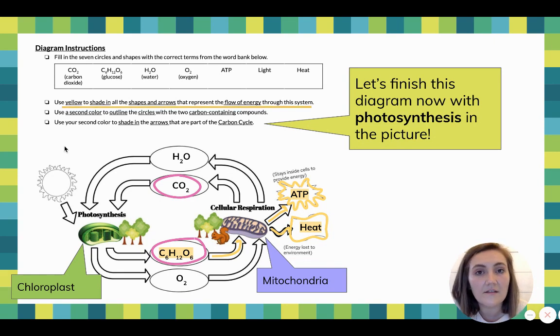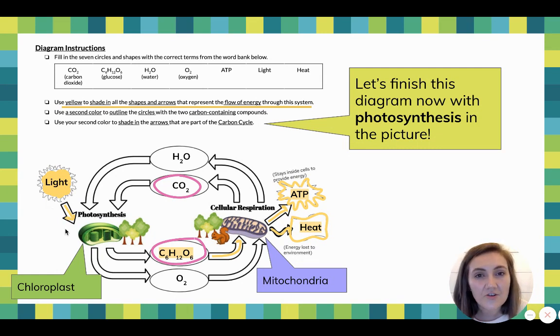So I'm going to be using the color yellow, and I'm going to shade in this sun here and label it with light. So we're taking light energy. It is also entering into the chloroplast in addition to water and carbon dioxide. So that arrow there, make sure you shade it in yellow to show that transfer of energy.